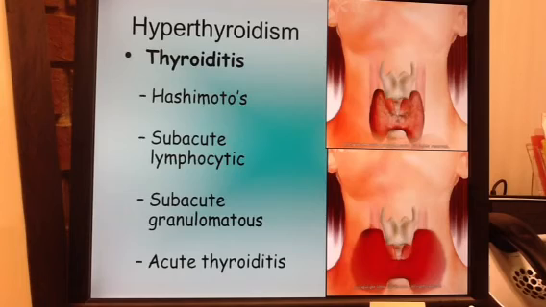Sometimes only one lobe of the thyroid gland can be affected. Now, acute thyroiditis is pretty rare. It's also painful, and that tends to be caused by a bacterial or fungal infection in the thyroid, causing pus to collect and form. So here you have a normal thyroid, and here you have an inflamed thyroid gland.